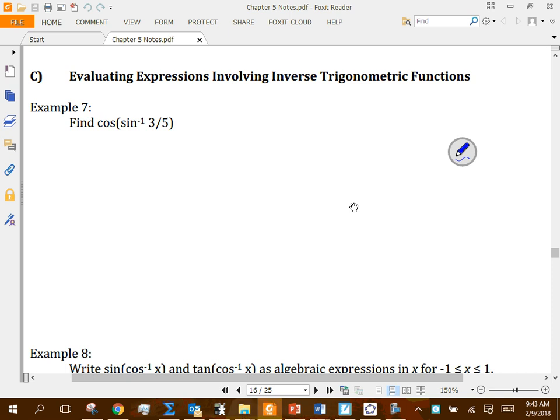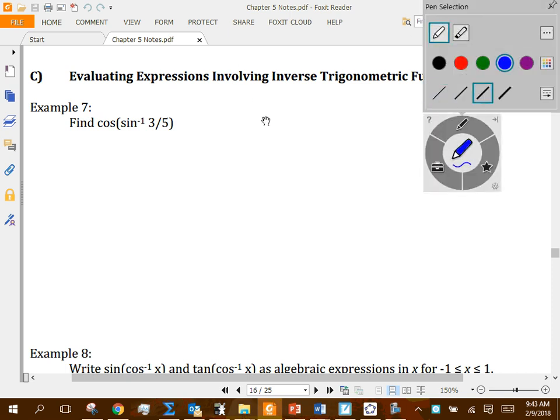So I'm just going to write a generic phrase here for us to really understand what we're doing. We got the cosine as the outside function, and then we've got the sine inverse as the inside function.